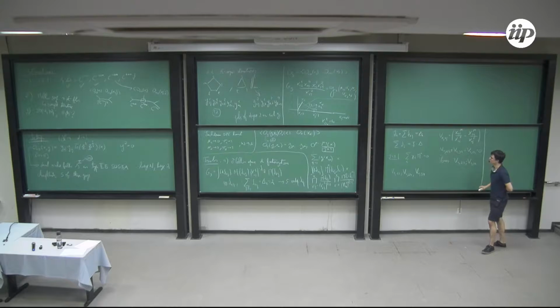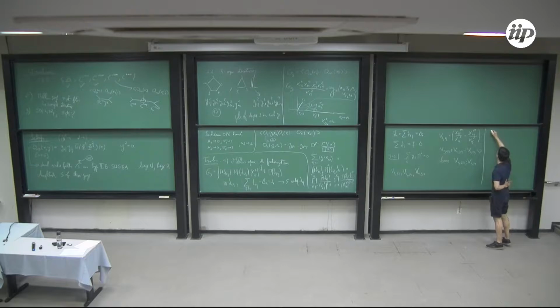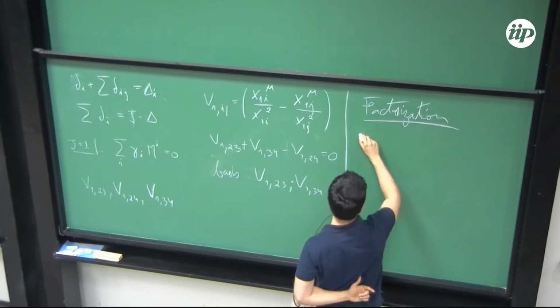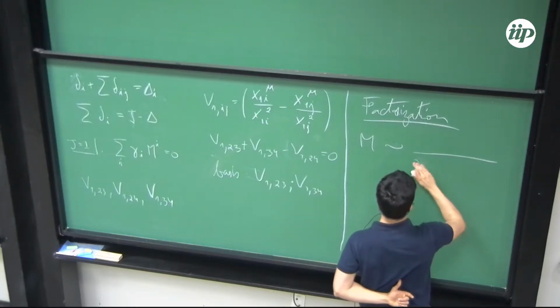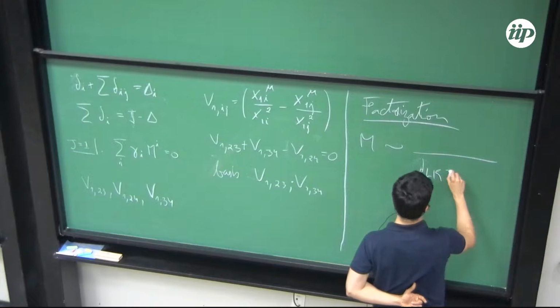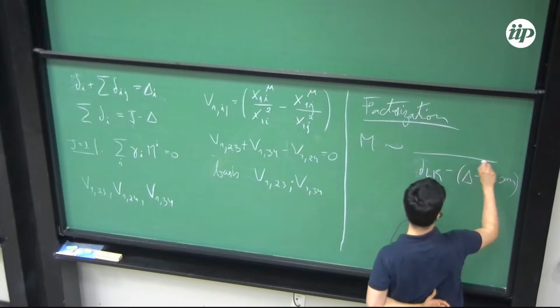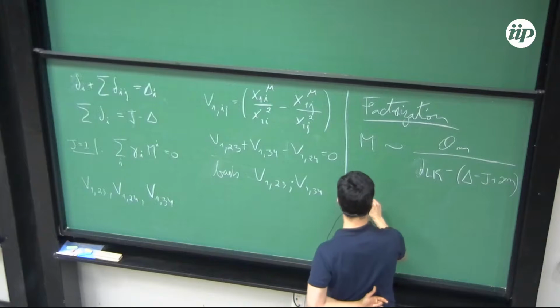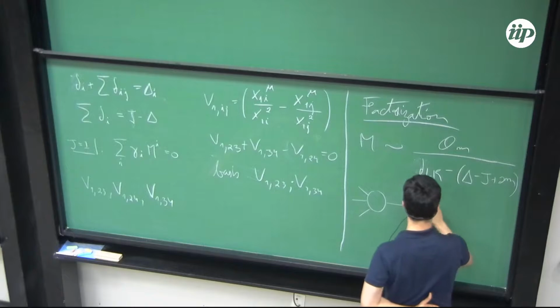Okay. So these are the Mellin amplitudes, and finally, let me write the factorization formula, which states that this Mellin amplitude has to have a pole at some position, delta LR minus delta minus J plus 2M, and some residue here. So we are looking here at a Mellin amplitude like this.